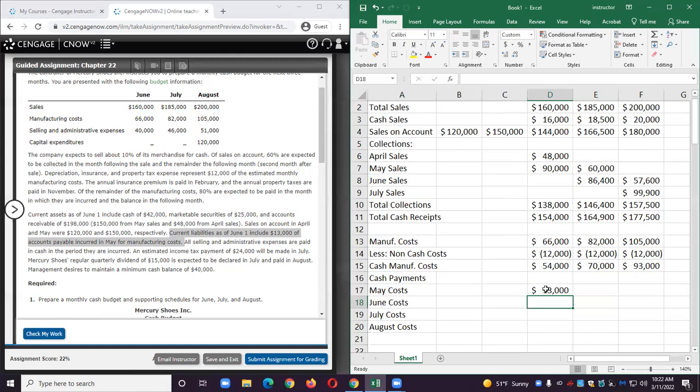And then of our June costs, we're going to say this equals 80% of our June cash manufacturing costs are actually going to be paid in June. And the other 20% of the June cash manufacturing costs are going to be paid in July.